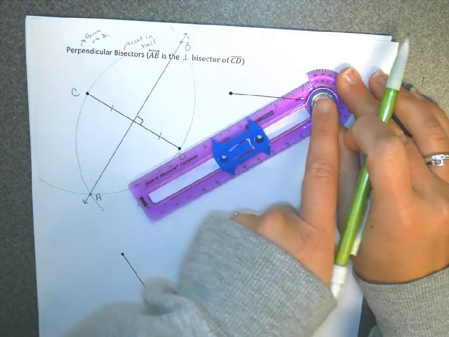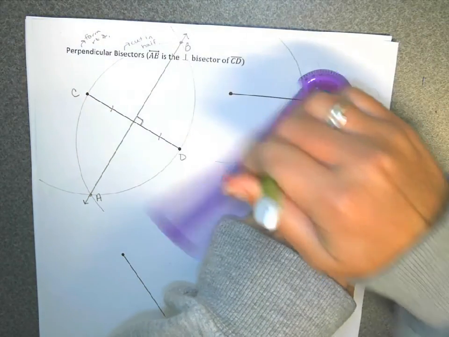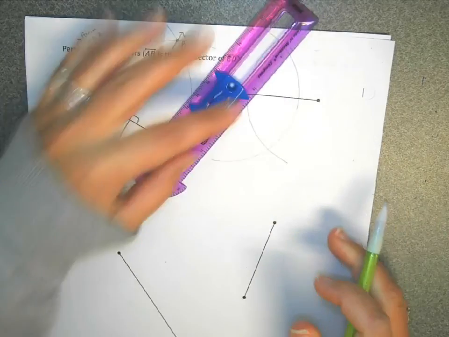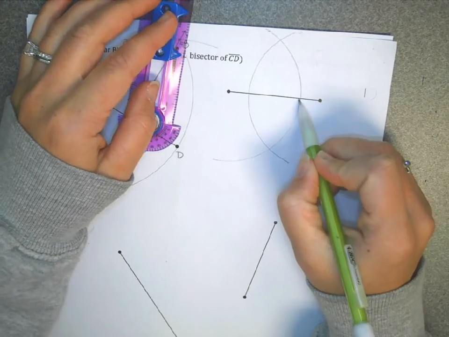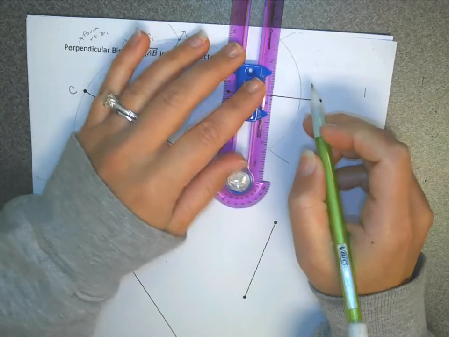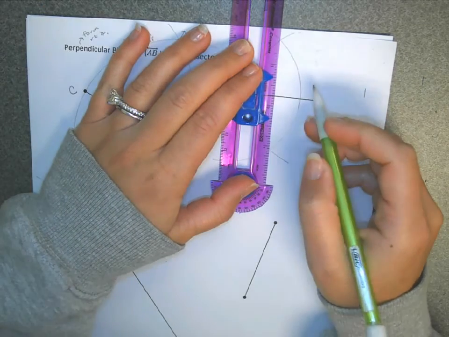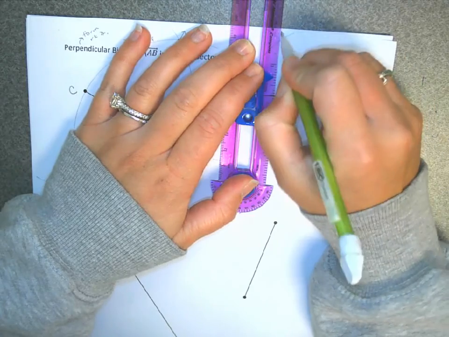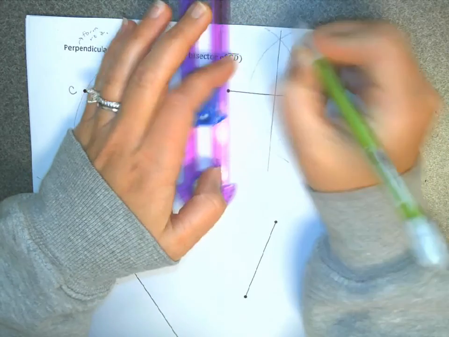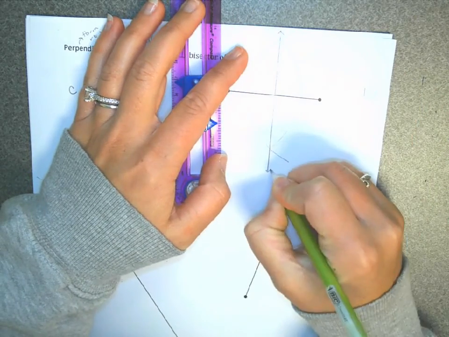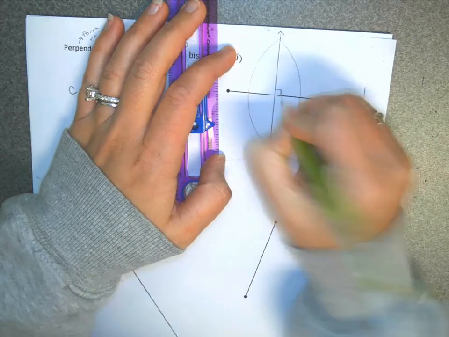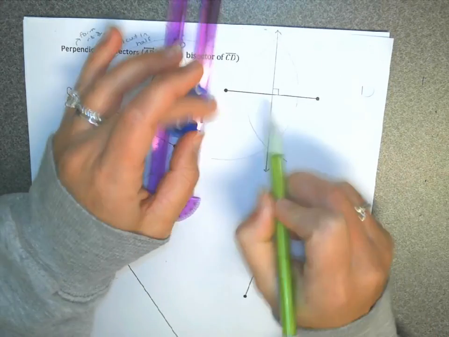So the other end. Now, some people will make the mistake and accidentally put their point on the arc. If you do that, you should be able to see that your perpendicular bisector would be off-centered. It would still be a right angle, but it wouldn't be in the center.